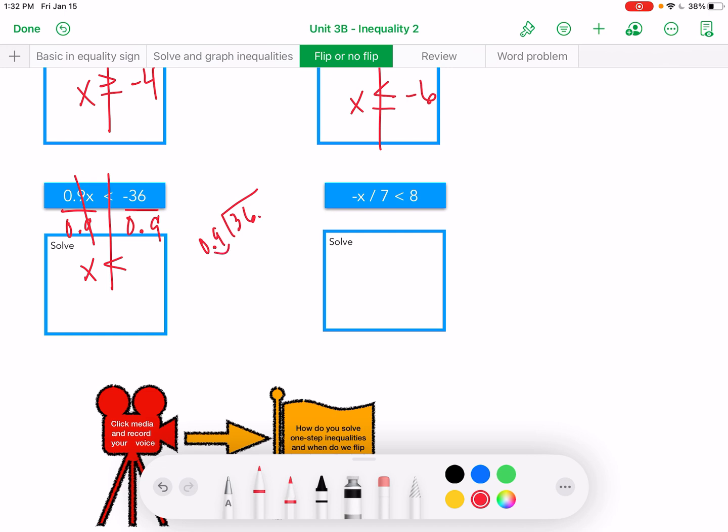Move your 0 over, move your 0. So 9 will go into 360 40 times, and it's negative 40. Make sure you add that 0.